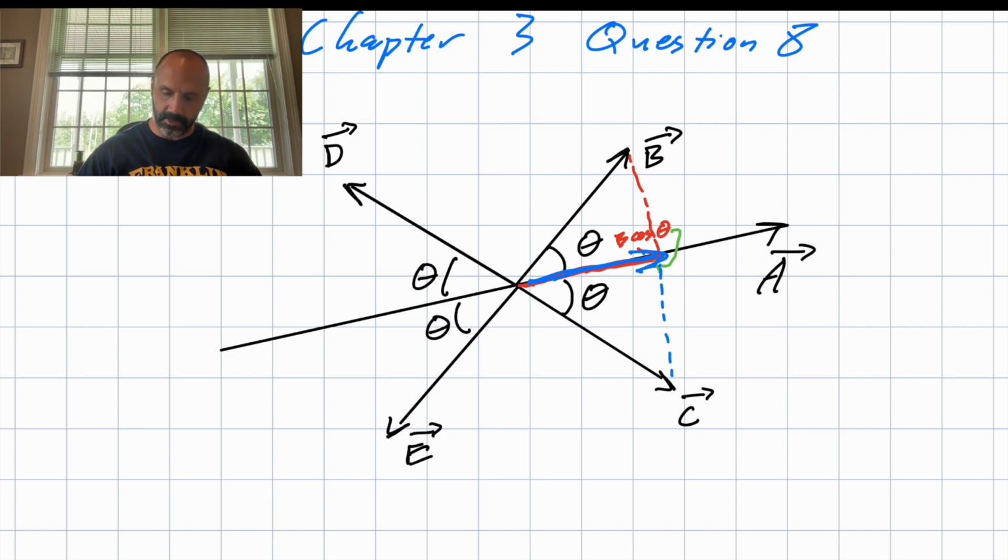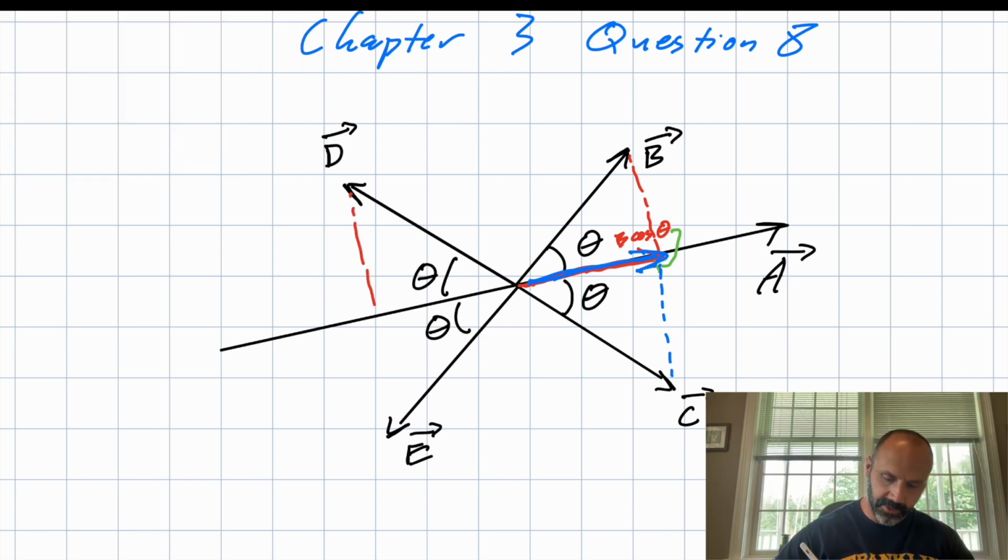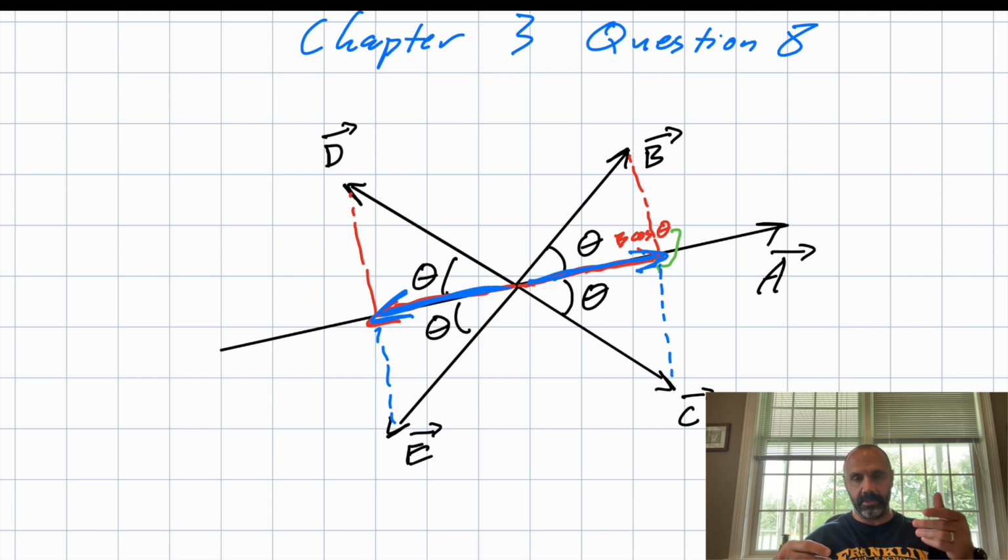Okay, so the answer to A would be B and C, but then also D and E are going to do the same thing. D and E both would give you, if we were to take the projection of D, so D cosine theta would give you this projection onto vector A. And then E would give you that same projection onto A. And so that same projection times the same magnitude of A is going to give you the same result.